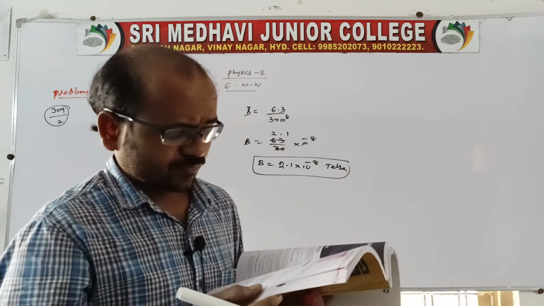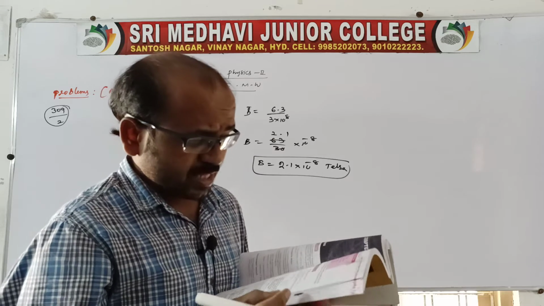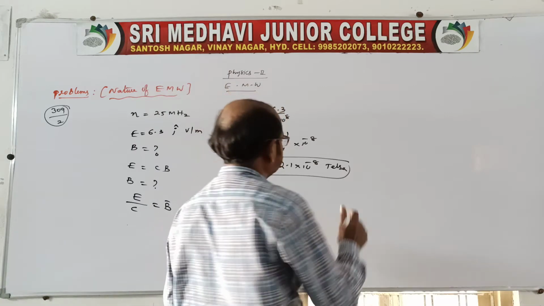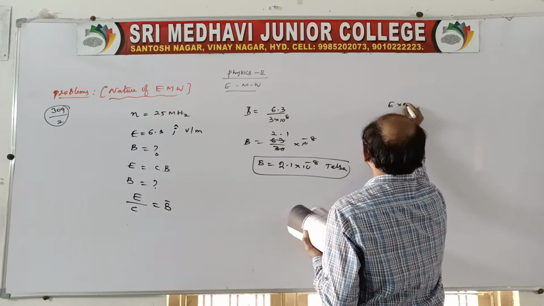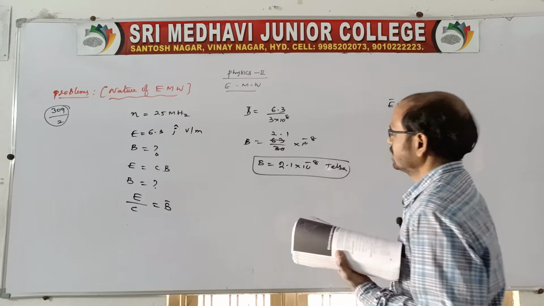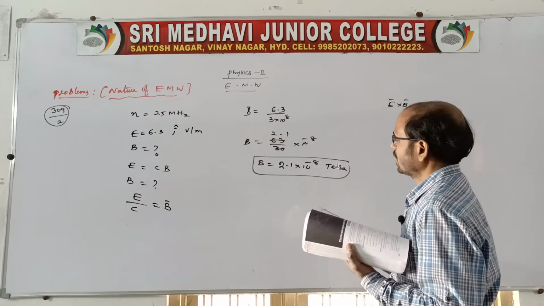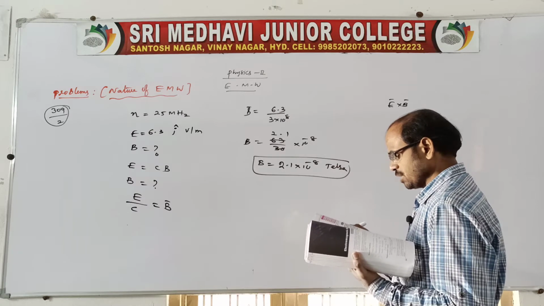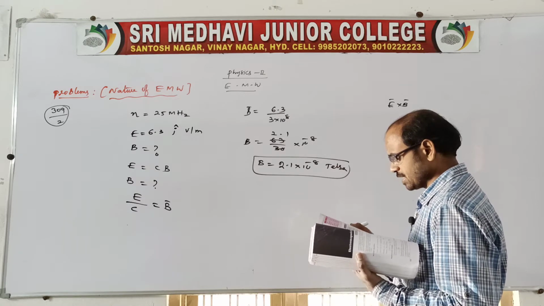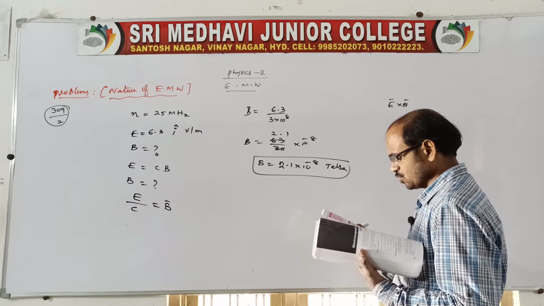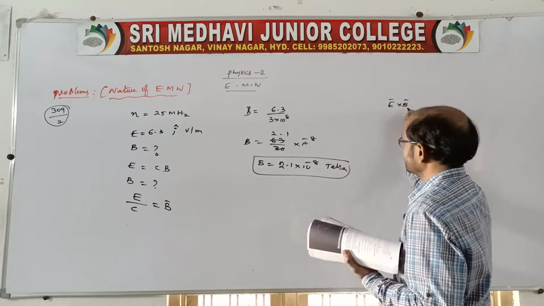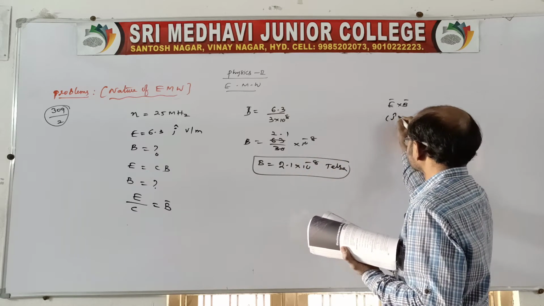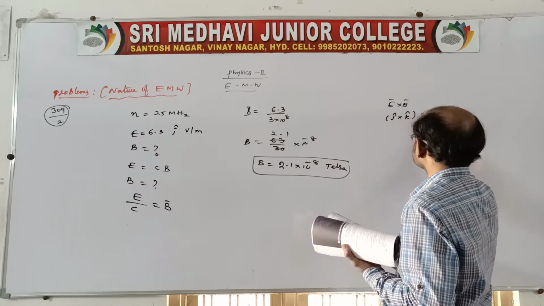Now B is moving along the Z axis. The direction is E cross B. Here E is along j and B is along k, so j cross k is represented as i.